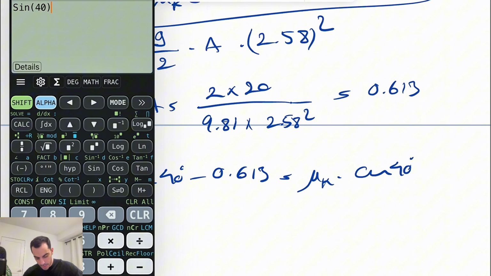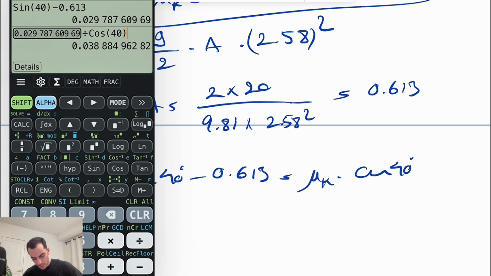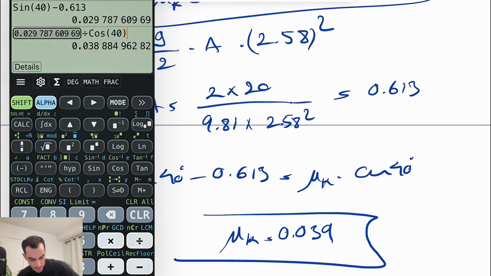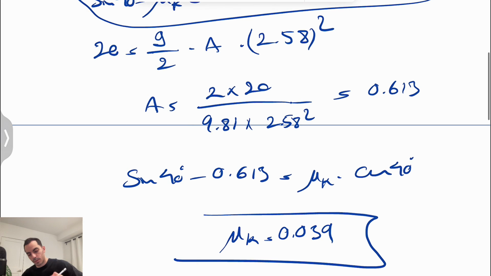So let's see what we get: sine of 40 minus 0.613, divided by cosine of 40. And the mu k in here is going to be 0.039, and that's the final answer for this question.